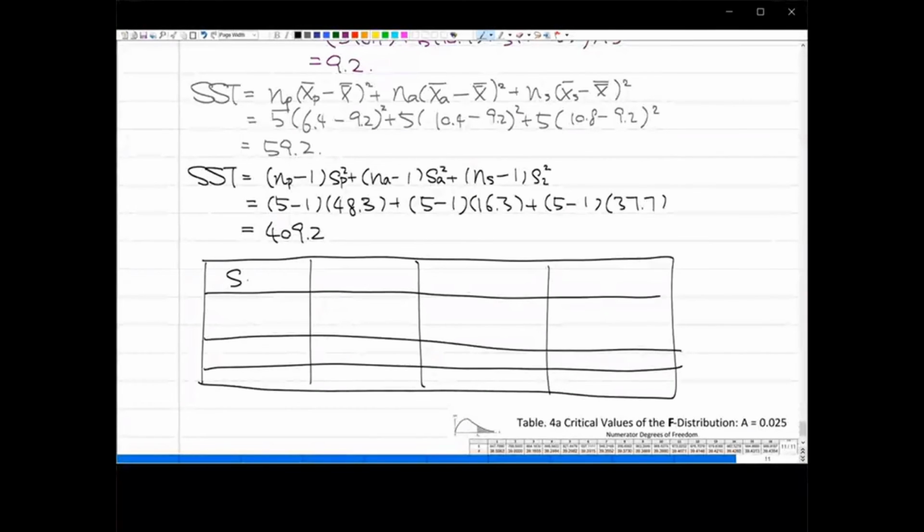So here is the source: the treatment, error, and total. And this is the sum of squares, degrees of freedom, MS, and then finally the F statistic.